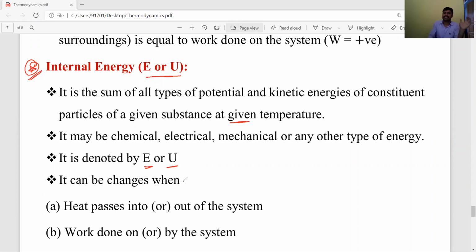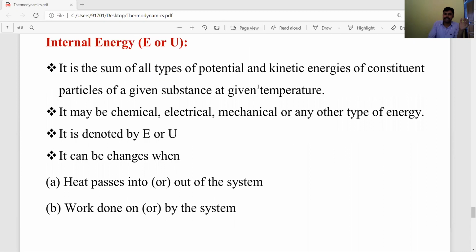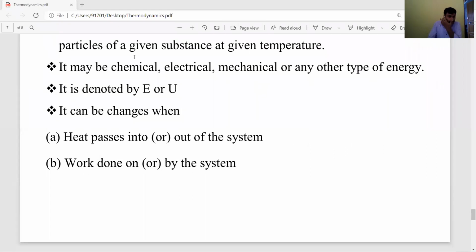It can change. How can that internal energy change, dear students? The internal energy will change by heat entering the system or heat leaving the system, or work done on the system or work done by the system, or matter entering the system or matter leaving the system.